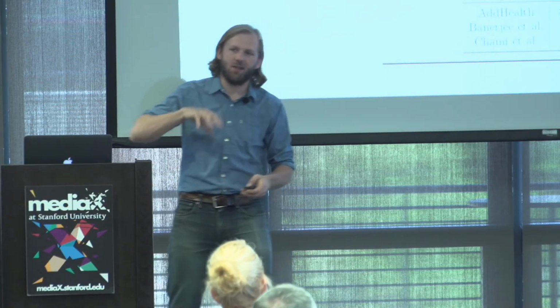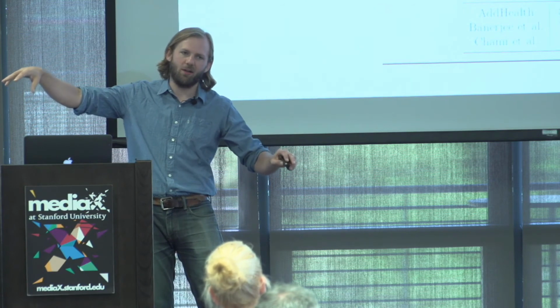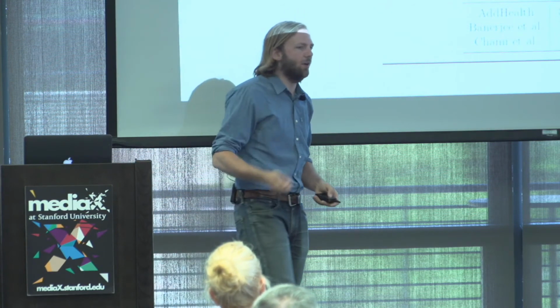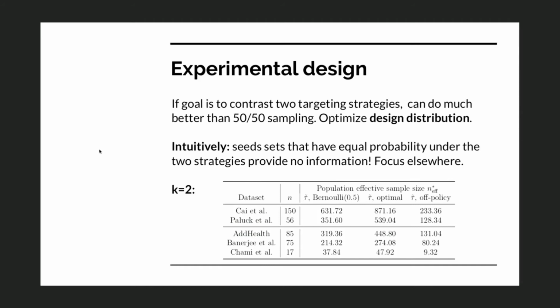So you want to focus on seed sets that are likely under one and unlikely under the other, and those are the ones that inform your estimators. So there's a whole optimal design argument here, where seed sets that have equal probability under the 2 strategies provide no information.